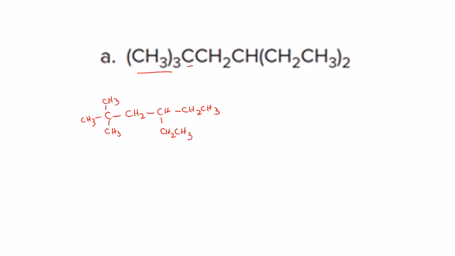Now the first step is to select the longest carbon chain. It looks like this is the longest carbon chain, right? Because I can see the numbering 1, 2, 3, 4, 5, 6. I can get 5, 6 here too. So in both cases, let us see what's the difference.